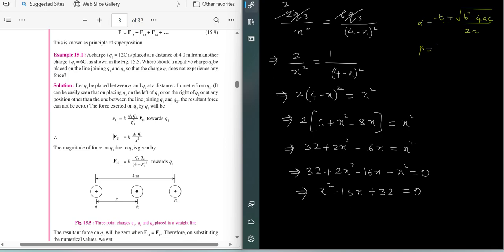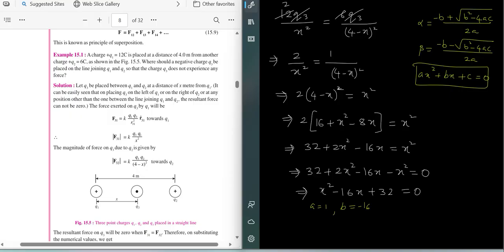This is one root, and beta is minus b minus under root b square minus 4ac upon 2a, where the quadratic equation is ax square plus bx plus c is equal to 0. Now here a is equal to 1 in our case. Compare this equation with the standard equation: b equal to minus 16, c equal to 32.